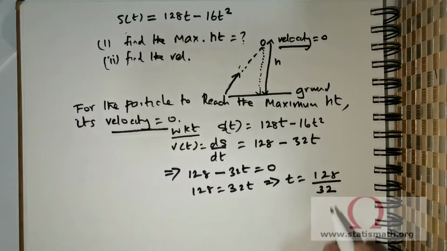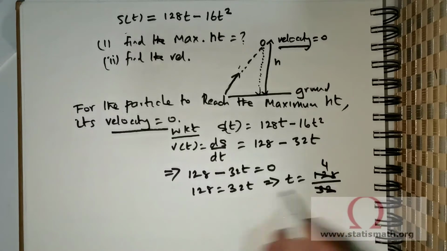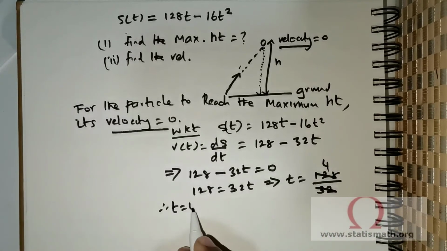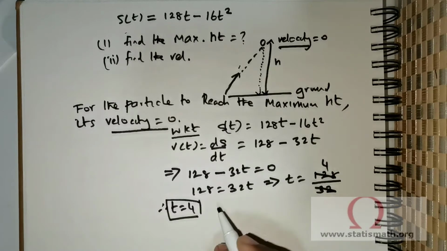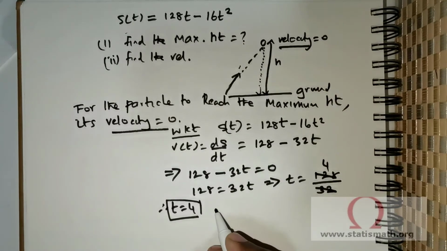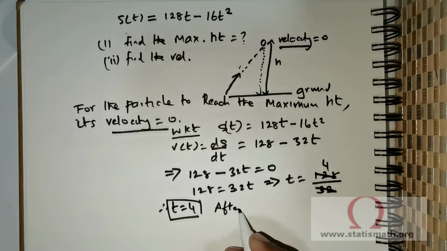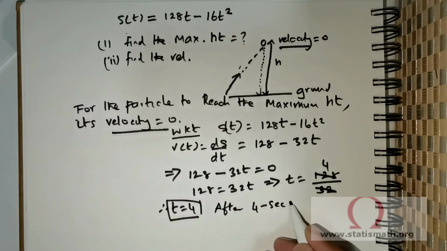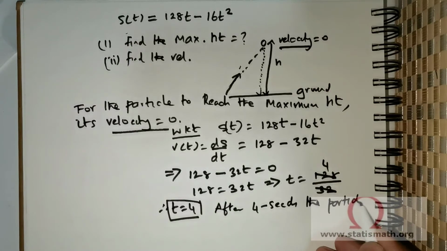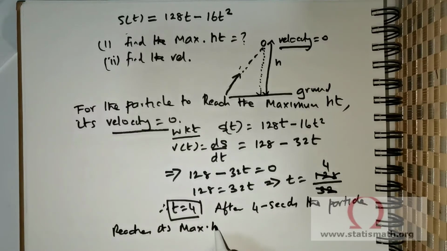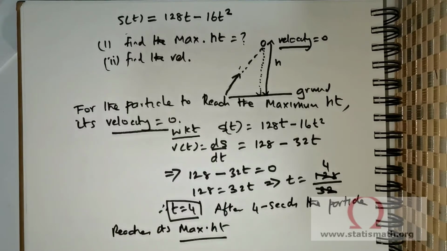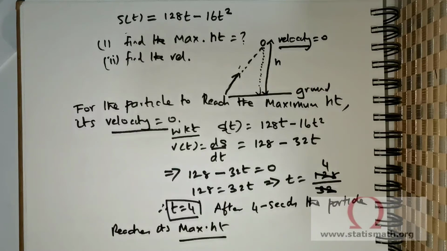Now 32 divides 128 4 times. So therefore t is equal to 4. So after 4 seconds the particle reaches its maximum height. Now what is the maximum height?